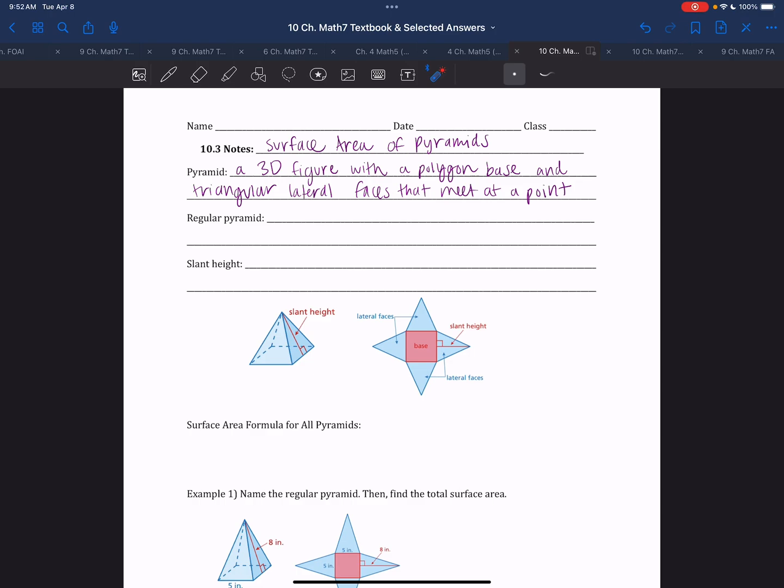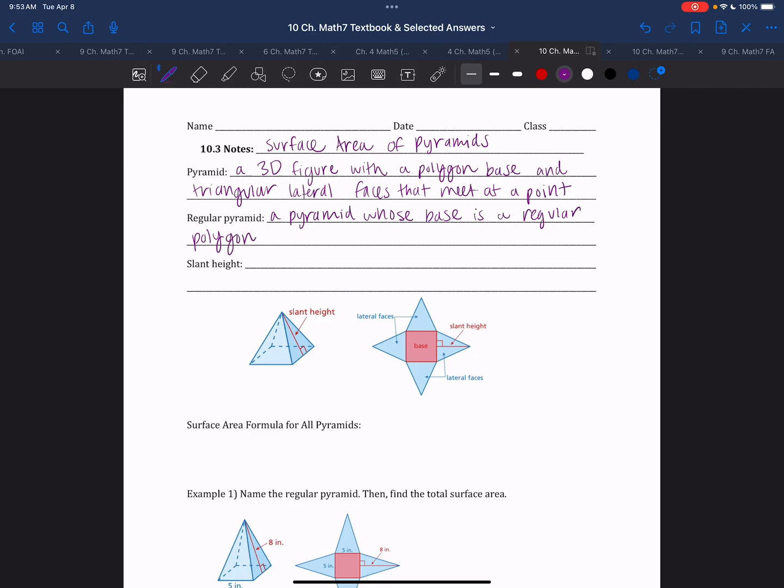So a regular pyramid means that the pyramid has a base that is a regular polygon. So we're going to write down the definition of that. A pyramid whose base is a regular polygon.